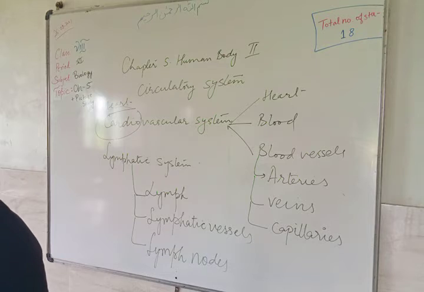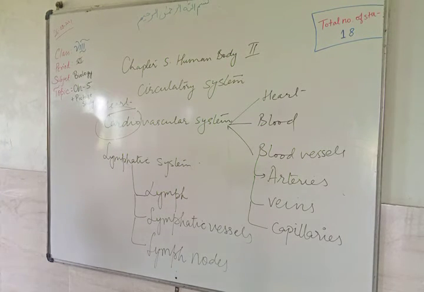Now they are the parallel circulatory system, you can say. I will give you a little idea of how they work, and then I will start the cardiovascular system in detail.